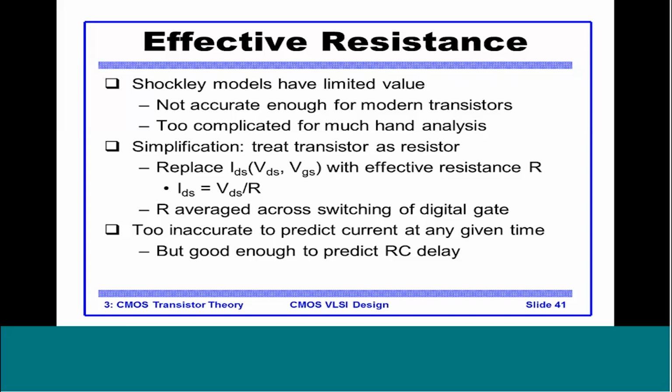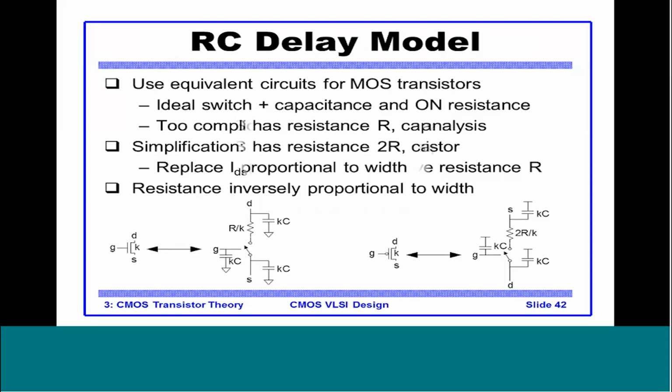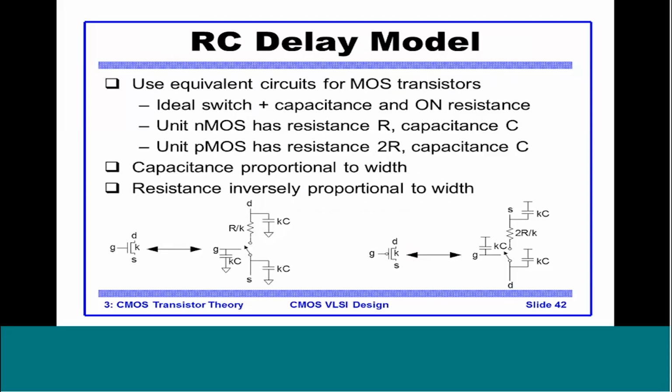But still, this model is good enough to predict the delay of a gate. Not the actual delay, but a delay value in terms of RC, which can be compared across gates and across different layout techniques. So this is a very useful tool where you can quantify what kind of delay a particular gate design will exhibit. Let's see how it is done. We call this model the RC delay model.